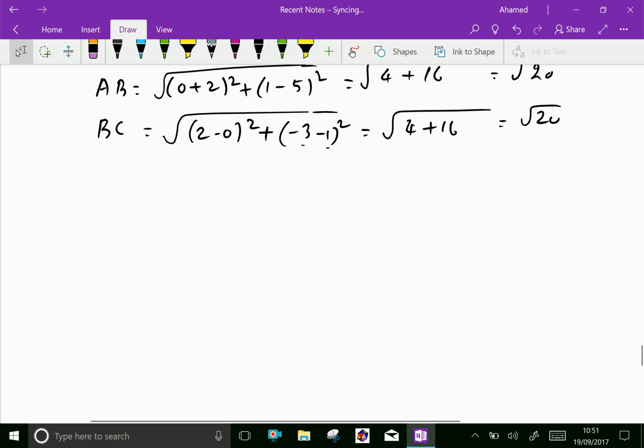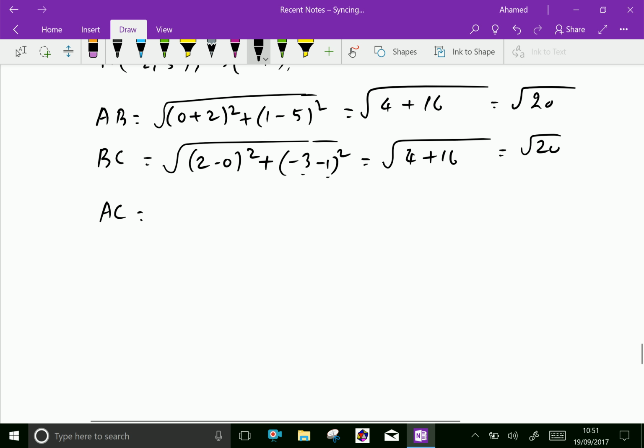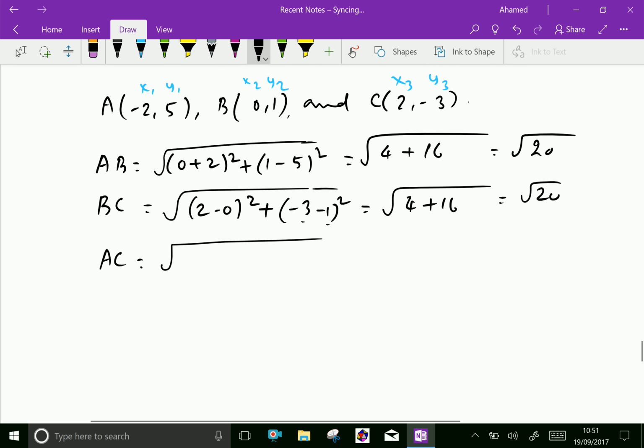Now let us find the third pair, AC. AC is square root of (x3 minus x1), that is 2 minus of minus 2 is plus 2 whole square, plus y3 is minus 3 and y1 is 5, minus 3 minus 5, the square.